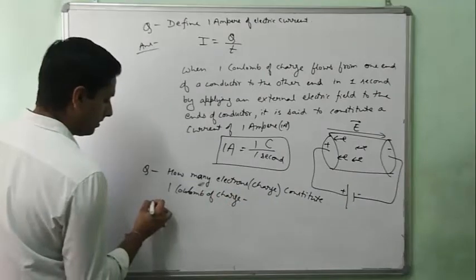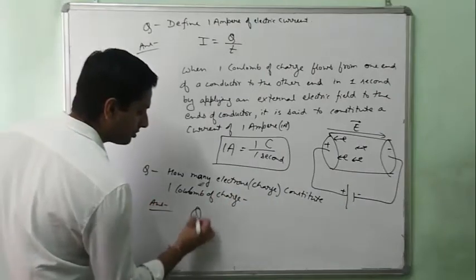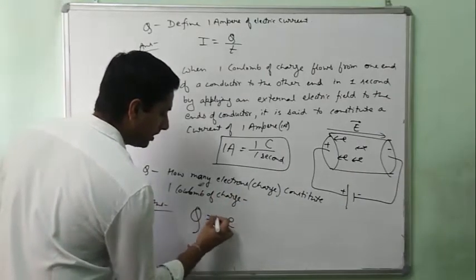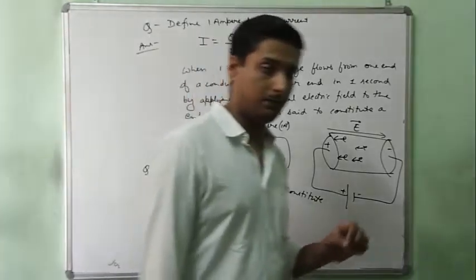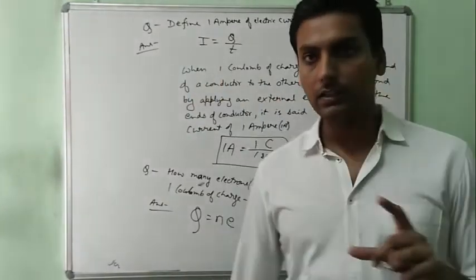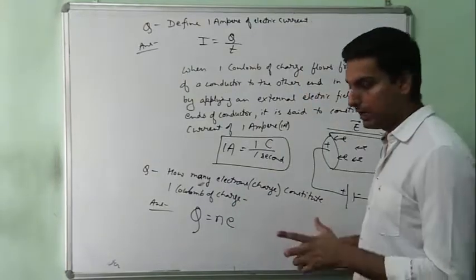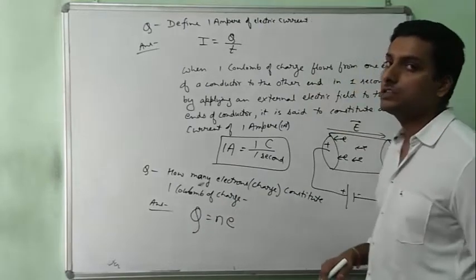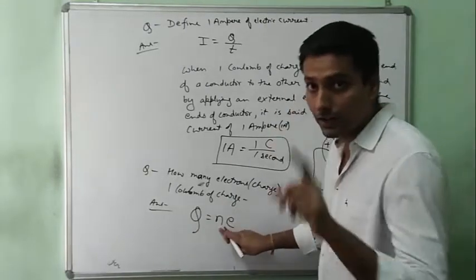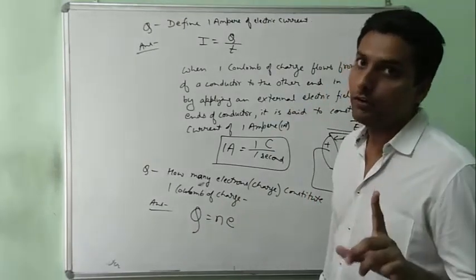So see, charge Q is number of electrons into charge on one electron, that is Ne, when we are considering it as a free zone, right? Q is Ne. This is the charge and this is the number of electrons that are per unit volume of a conductor.